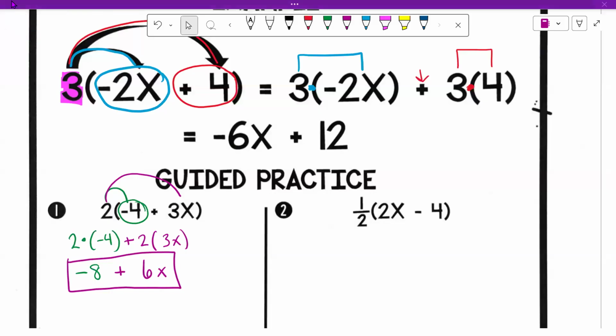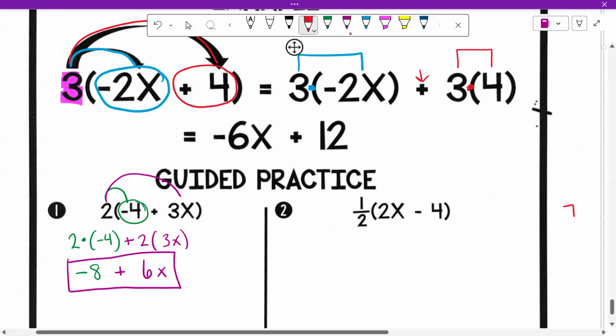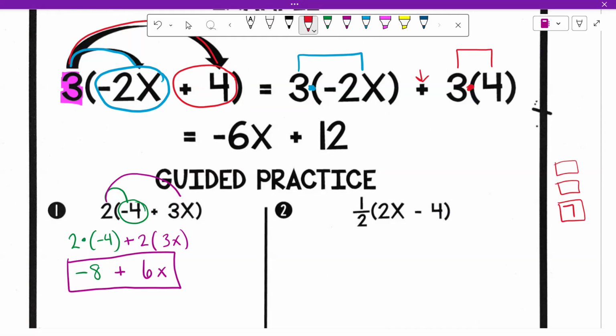Okay. Guided practice number 2. We have a fraction. So as I was saying, if you're borrowing one of my calculators, you're going to look for the 7 button on the calculator, and then there's like 2 buttons, and then there's a button that says ABC, AB/C.